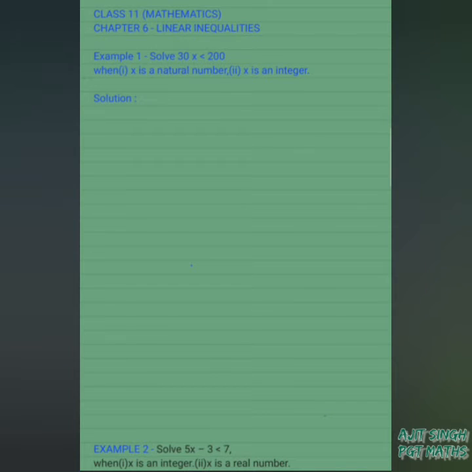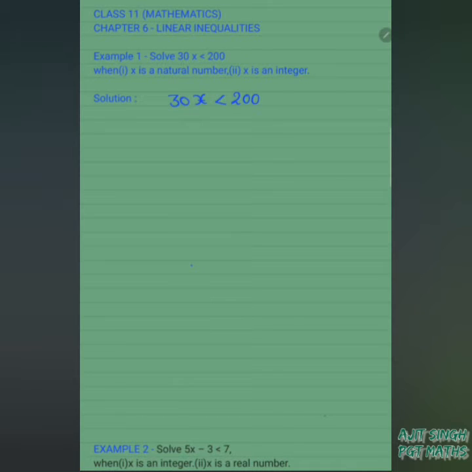So let's take the first example. The solution of linear inequality in one variable. Solve 30x less than 200 when first condition is x is a natural number and second when x is an integer. So it is given that 30x less than 200.